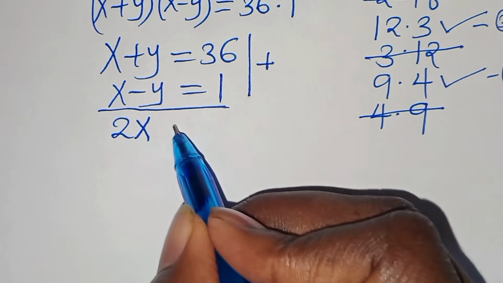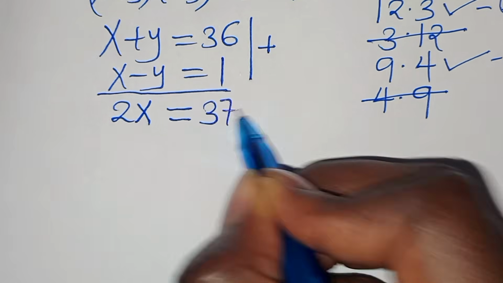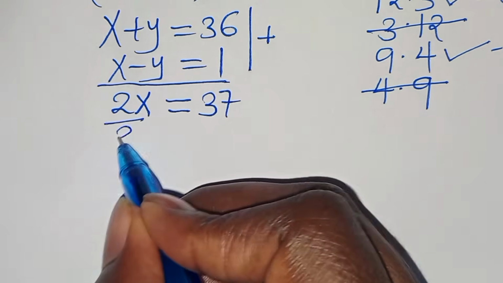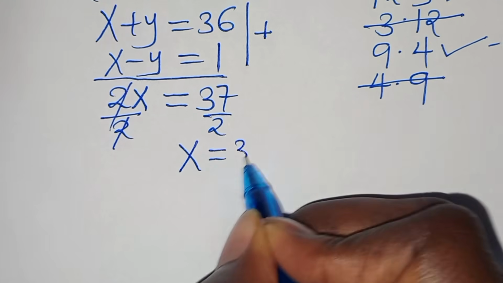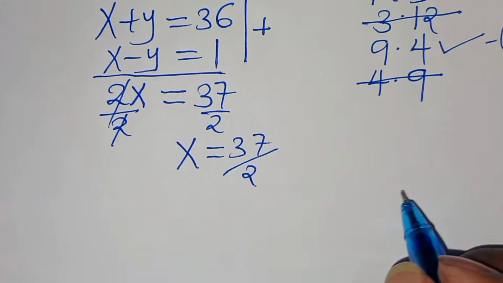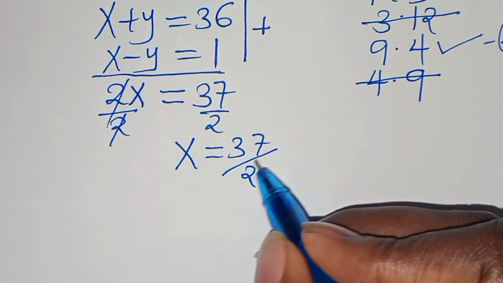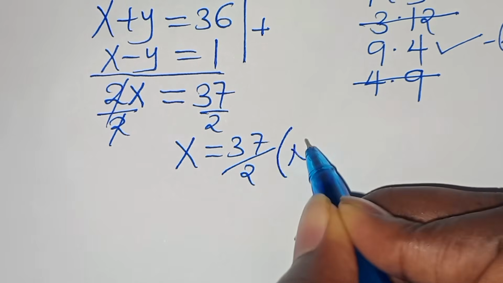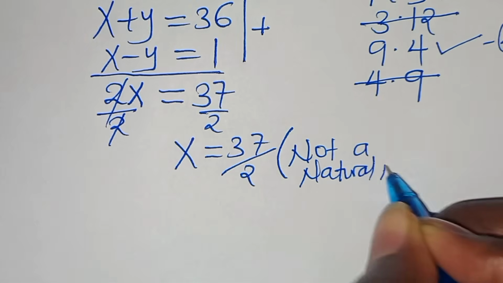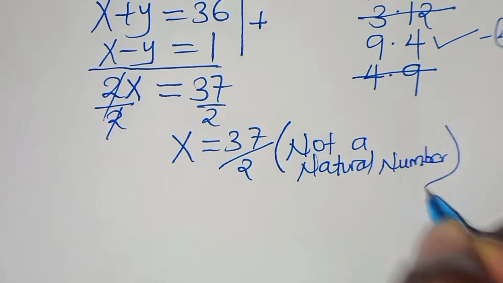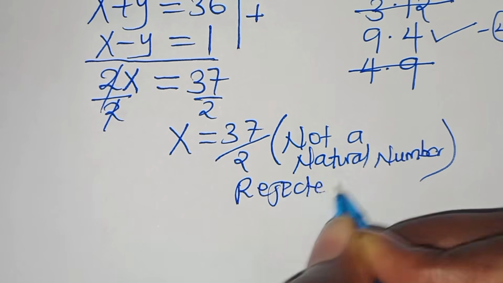Y plus minus y simplifies. And then we have 36 plus 1, this is equal to 37. So let's divide both sides by 2, so that the value of x here is equal to 37 over 2. Given that x and y are members of natural numbers, 37 over 2 is not a natural number. So this means that case 1 is rejected.